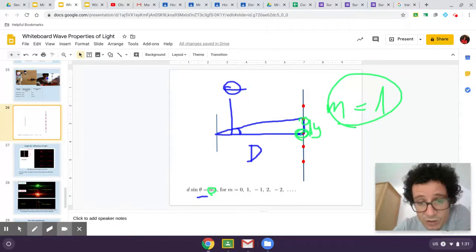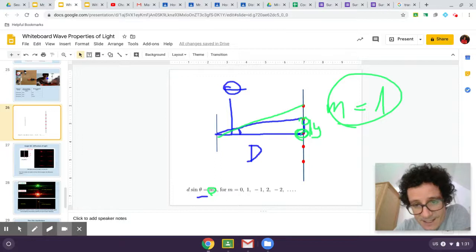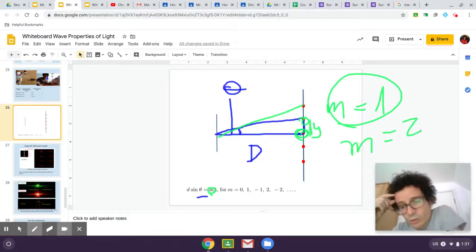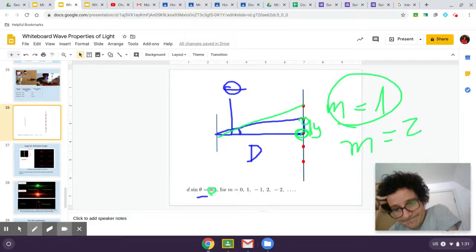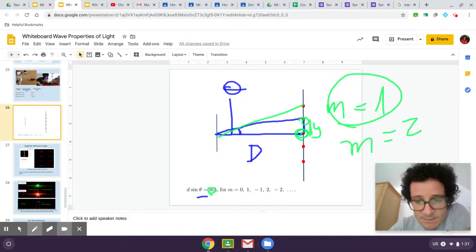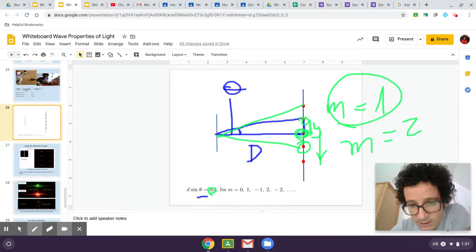I could have measured the distance between the dot in the center and the second one, and in that case, m would have been equal to 2. Same here under the center: this little dot there, m is 1, and here the dot is 2.